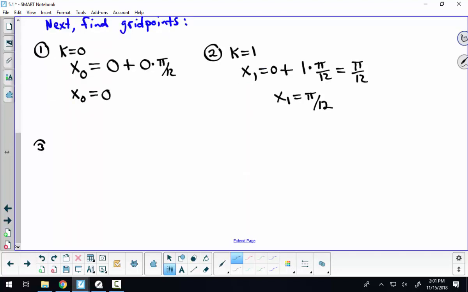What would our third grid point be? When k equals 2, we have x sub 2 equals a plus k times delta x. So we've got 2 pi over 12, x sub 2 is pi over 6.